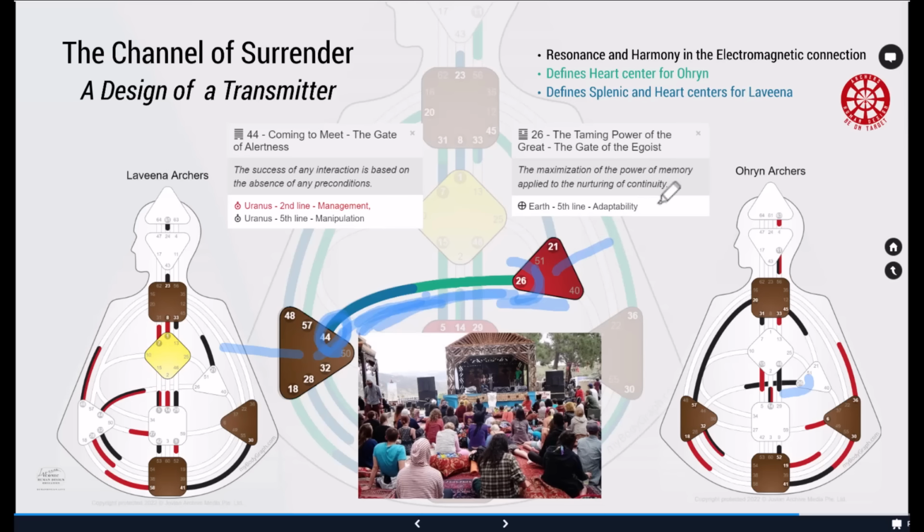So one of the things that Oren has done over his whole life since he was a young adult, not even a teenager, is study hypnosis.